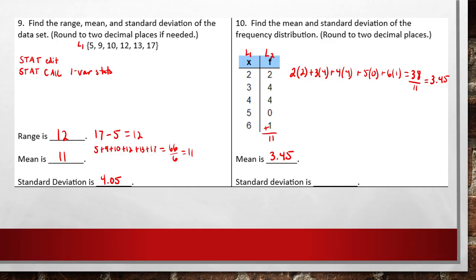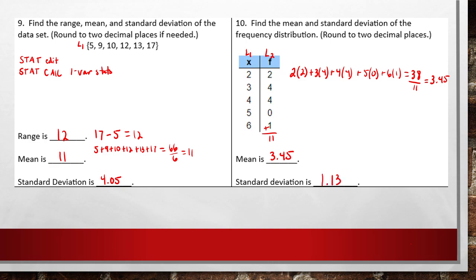Once you're done entering in your data, again, you're going to go to Stat Calc and go to your one variable stats. This time, since you do have a frequency list, make sure that that's listed on the calculator. For a frequency, you should have L2 in there. And then when you see what that standard deviation is, this one comes up to be 1.13.